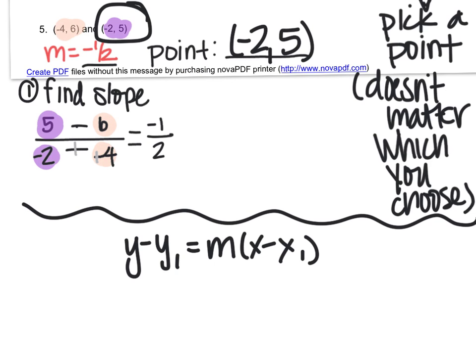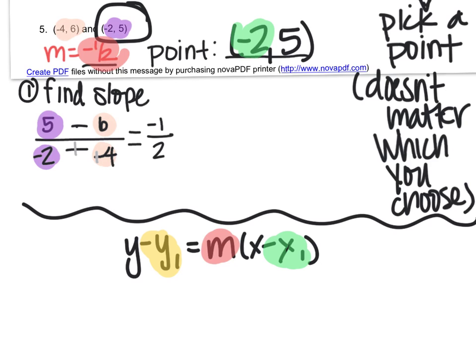So for my point slope formula, remember I have a slope, I have an x value, an x1, and I have a y value, a y1 that I've got to substitute numbers in for. So we've already found our slope. We said our slope was -1/2. We know that x from this ordered pair here, our x value is -2.